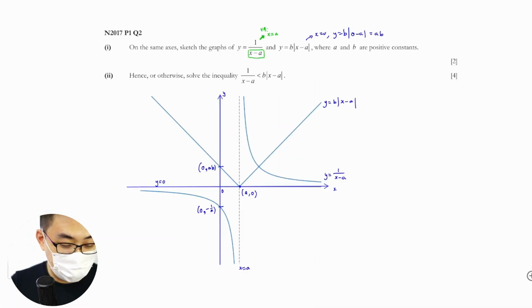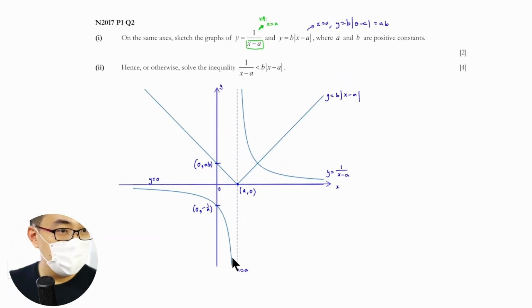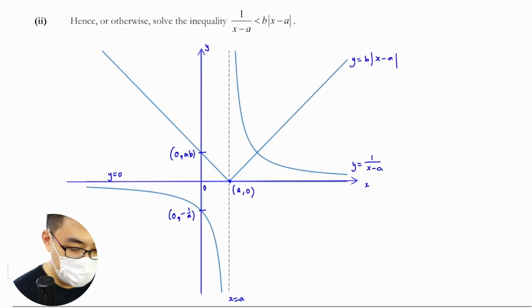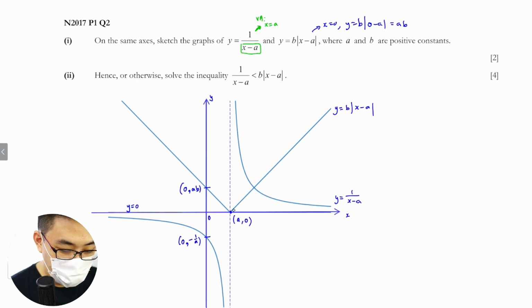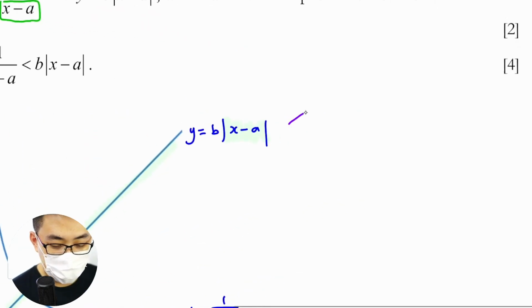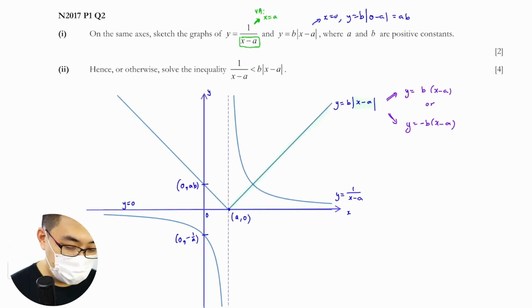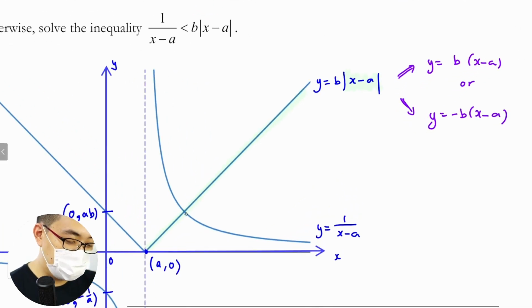If you missed it out because this one got unknowns. So for solving the inequality, I think a lot of you already solved it already. So just take note, you need to break this apart. This modulus graph have got 2 equations there. Okay, so this one will be y equals to b x minus a, or it will break into y equals to minus b x minus a. It doesn't take long for you to know that to find this intersection here, there's only one intersect, right?